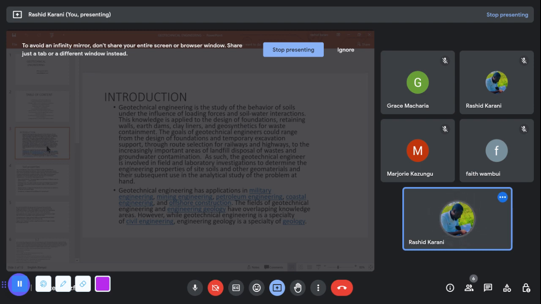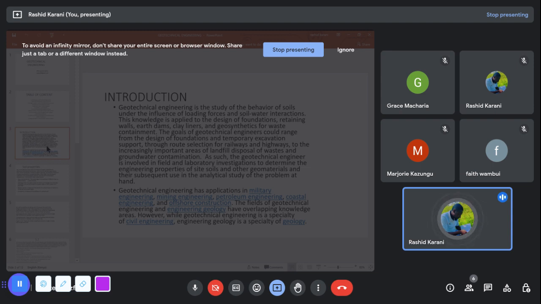Geotechnical engineering, we say, is a study of the behavior of soils and the influence of loading forces and soil-water interactions. This knowledge is applied to the design of foundations, retaining walls, earth dams, clay liners, and geosynthetics for waste containment.